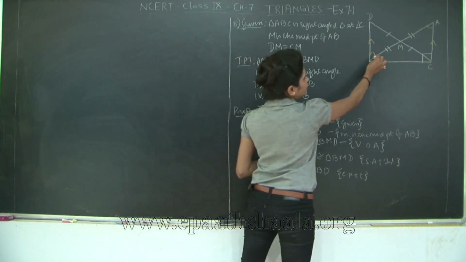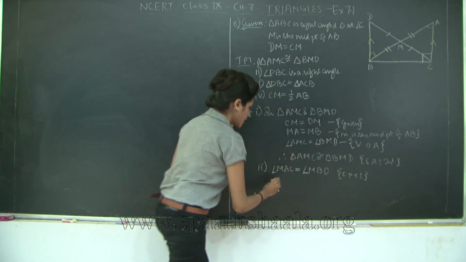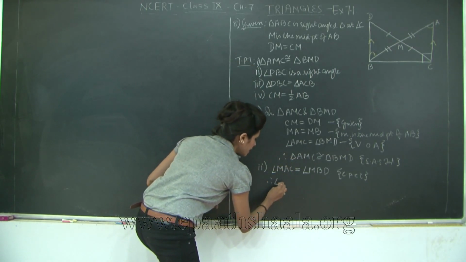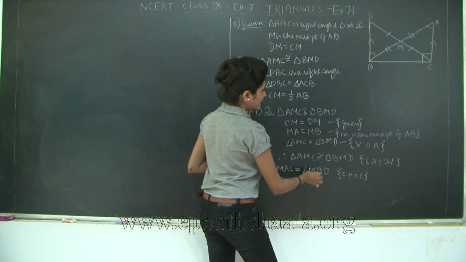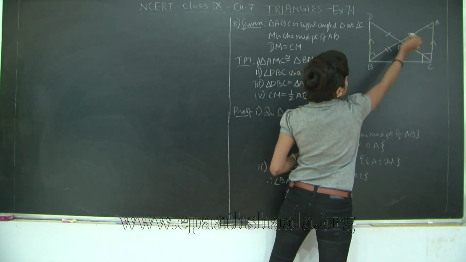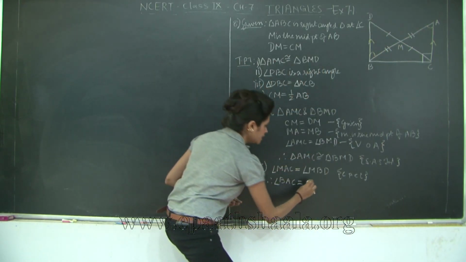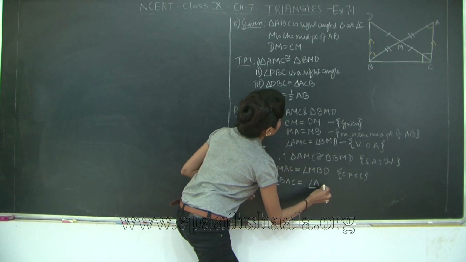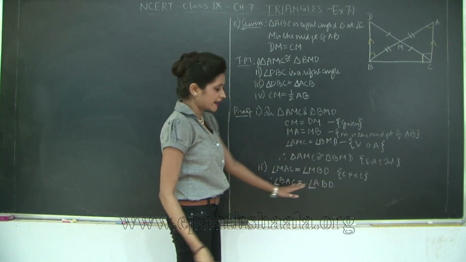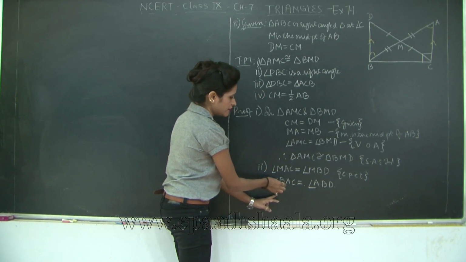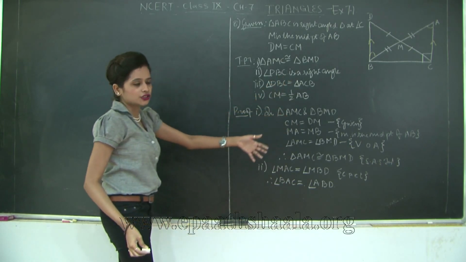MAC. So instead of M I'll take B over here. MAC is the same as BAC, correct? So I'll write, therefore BAC is equal to, now we have taken MBD. So I'll take ABD. They are the same angles, right? So I'll take ABD. Correct, because these both are same angles. We have just, instead of M I have written B over here, and instead of M I have written A over here. The angles remain unchanged.